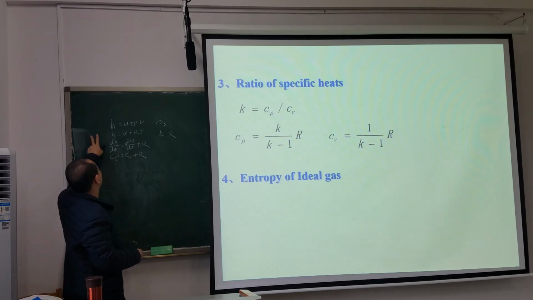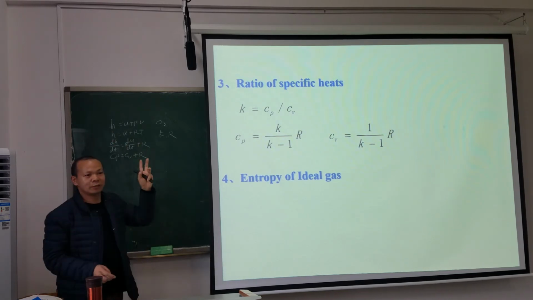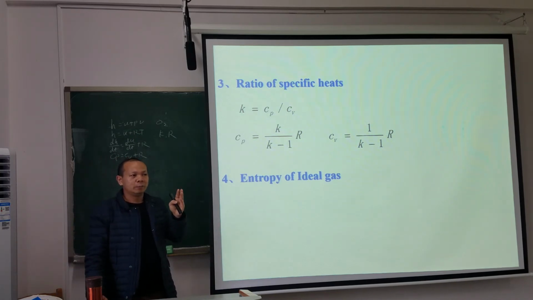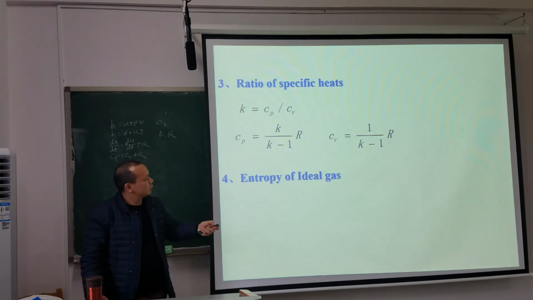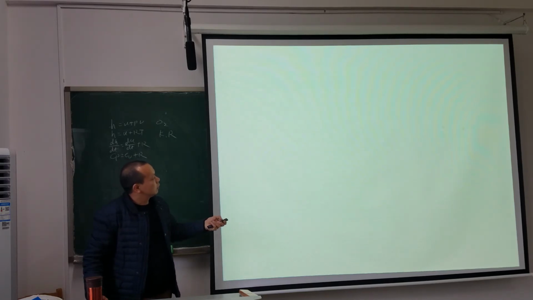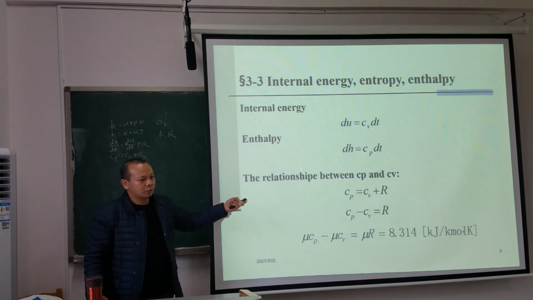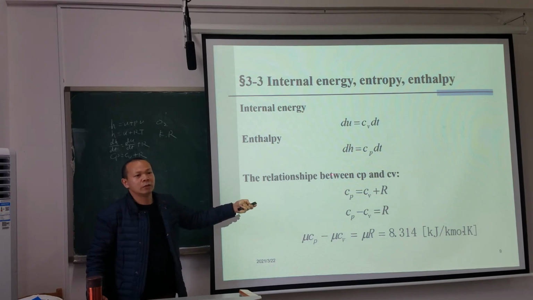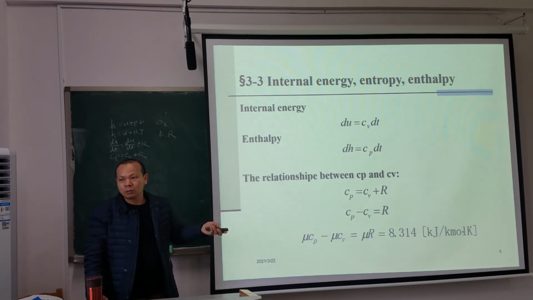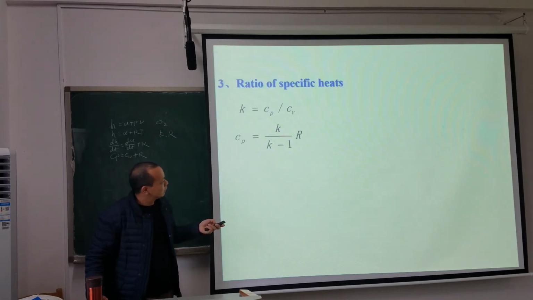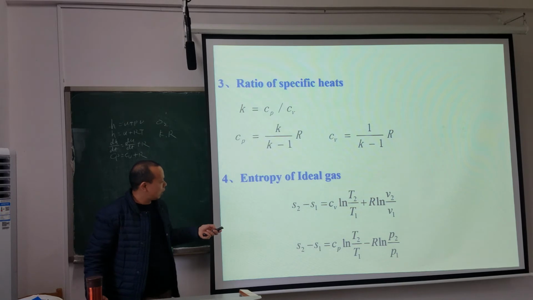We have six state properties, and PVT is the basic property. For U, we can use this equation here, and for H, we can use this equation to calculate, but we don't know how to calculate the S. So here, we'll show you how to calculate the S.